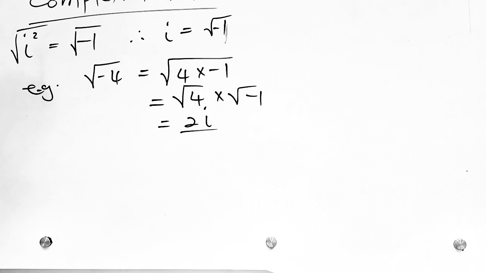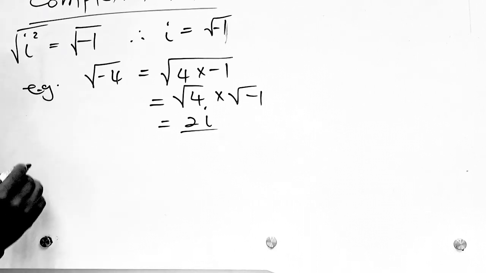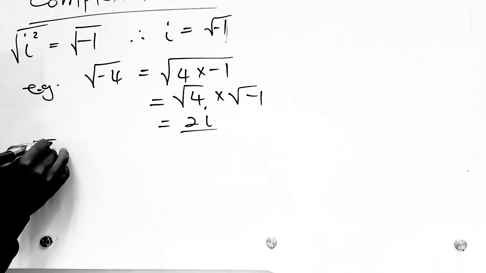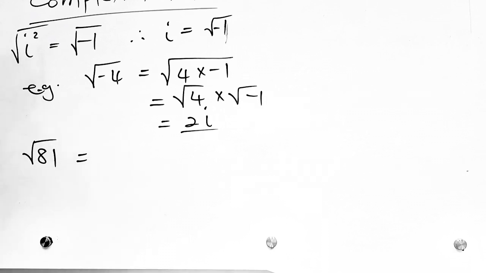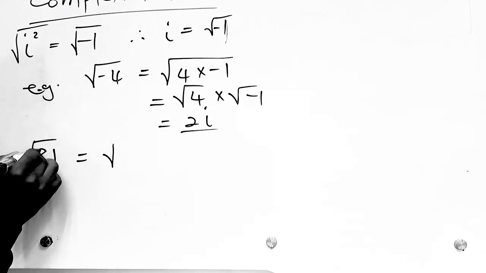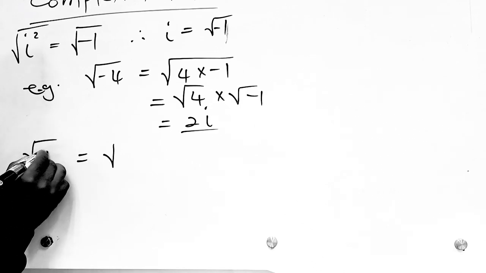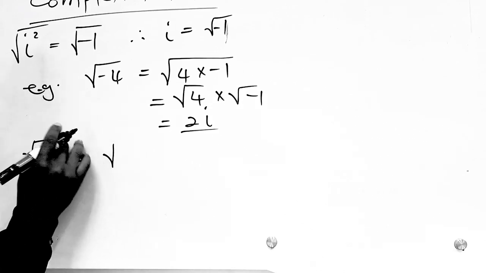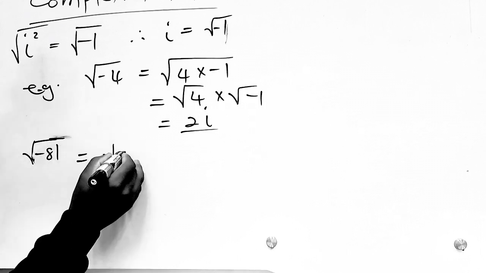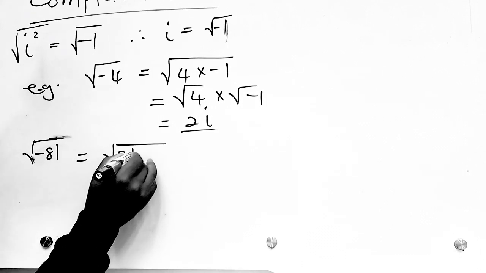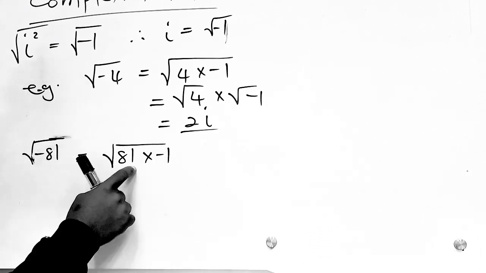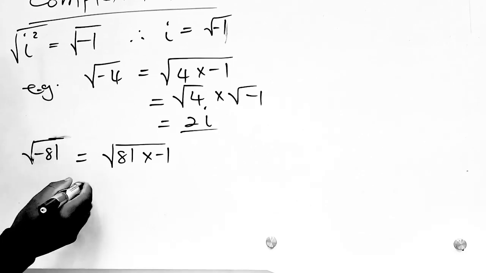Let's give another example: the square root of negative 81. This is equivalent to the square root of 81 multiplied by minus 1, since 81 multiplied by minus 1 is negative 81.